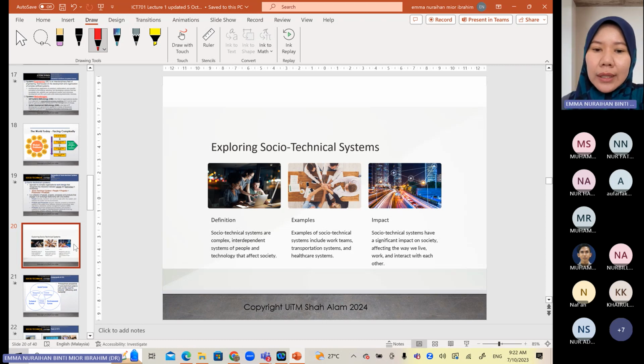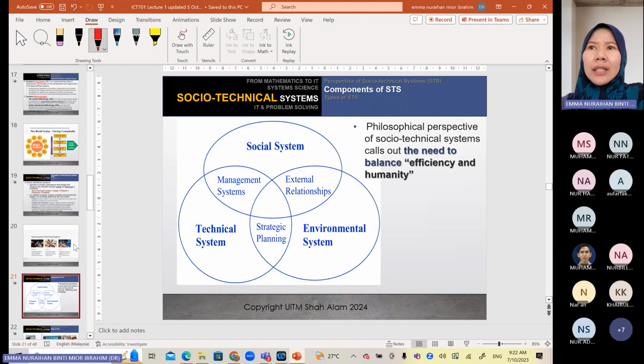For example, transportation systems and healthcare. So it's a complex system, not just one tiny standalone system. The impact of socio-technical systems on society is how we live, how we work, how we interact. Nowadays a lot of things go online. We have Alibaba to trade, no need to go to China to meet manufacturers and sellers.